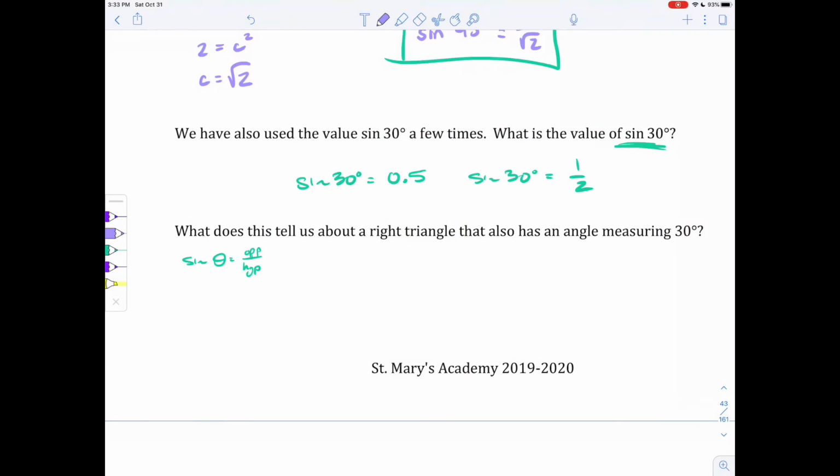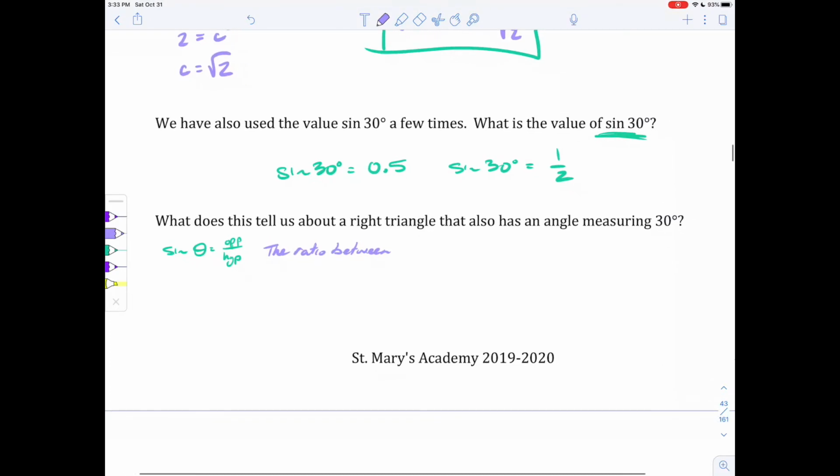So, opposite over hypotenuse is 1 over 2. This tells us that the ratio between the opposite side and the hypotenuse is 1 to 2.